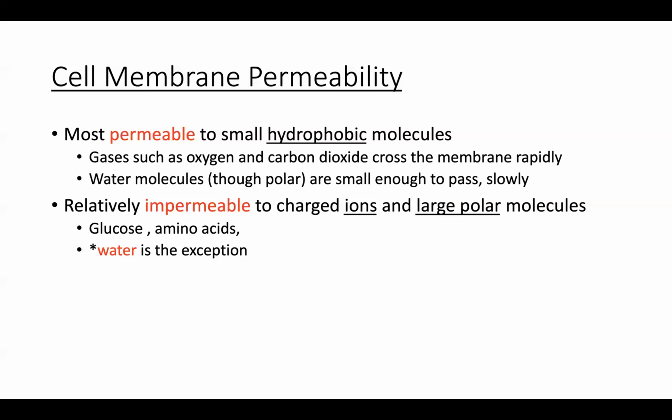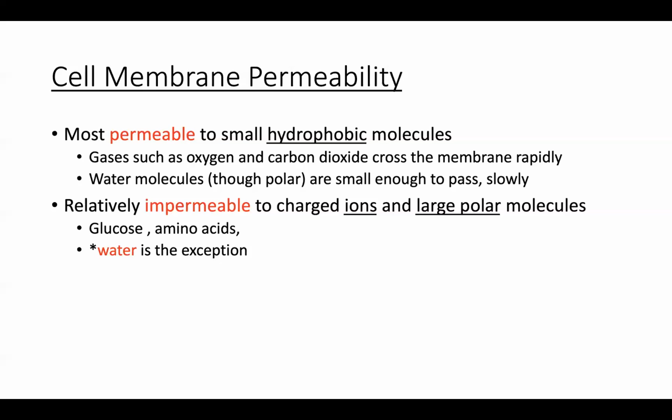These are larger, more complex molecules that won't be able to readily permeate this membrane without further assistance. Now, water is an exception again, because this is a polar molecule that will be able to sort of move through easily. All right. So in terms of cell membrane permeability, we're understanding that this is a selectively permeable, or some of your text may read semi-permeable.